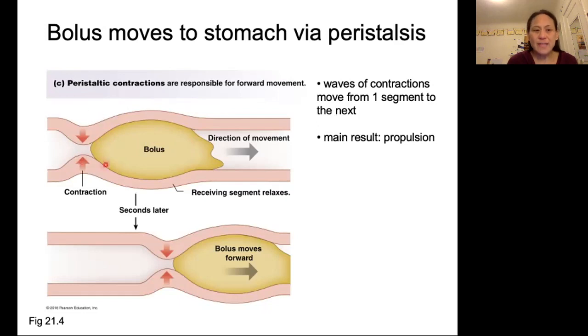Then we have successive parts of the digestive tract contracting behind the bolus in order to propel it forward. So that's what's shown down here: we have our first contraction here and then another contraction over here to continue moving our bolus forward.